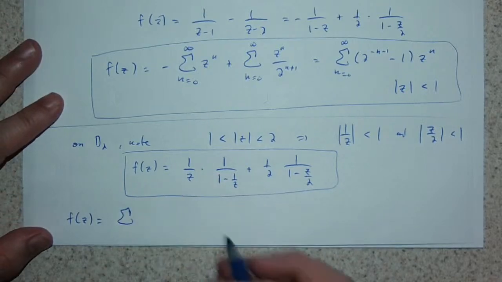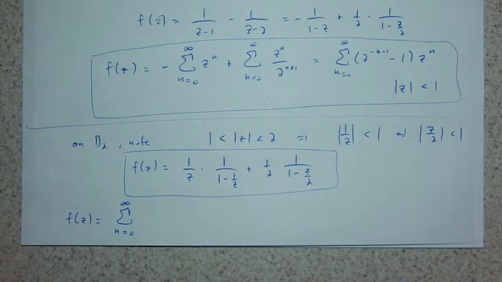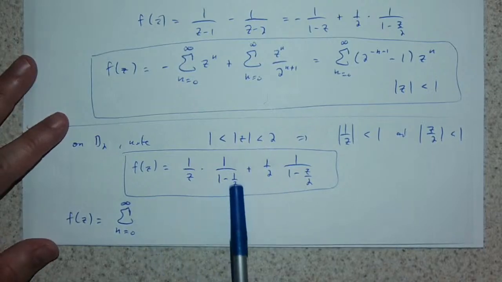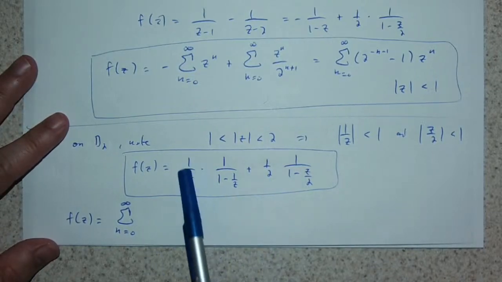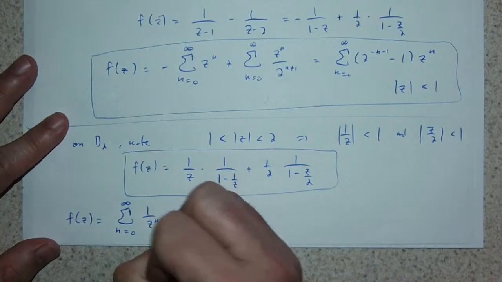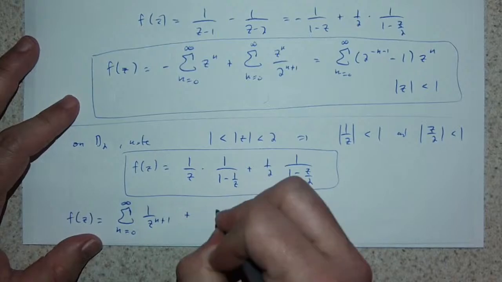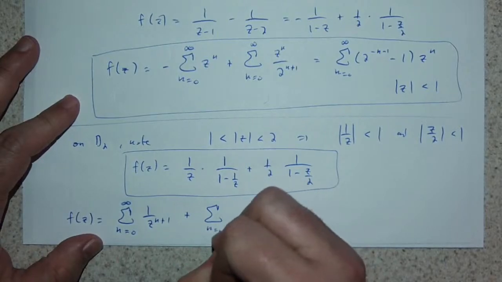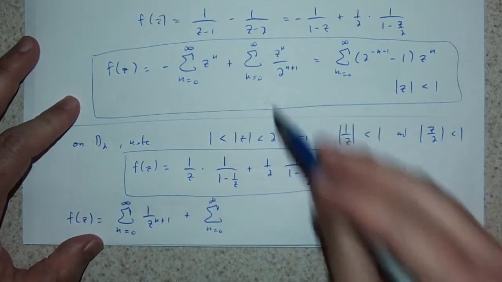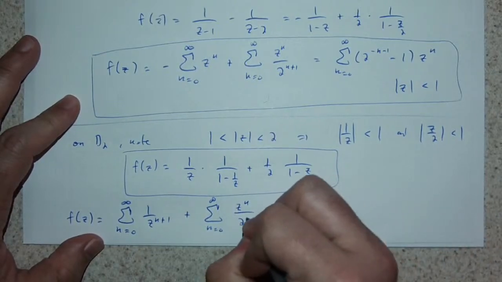This is the sum from n equals 0 to infinity of 1 over z to the n, but because I'm multiplying also by 1 over z, this is 1 over z to the n plus 1. All right. Plus the sum from n equals 0 to infinity of the exact same piece that I got last time, which is z to the n over 2 to the n plus 1.